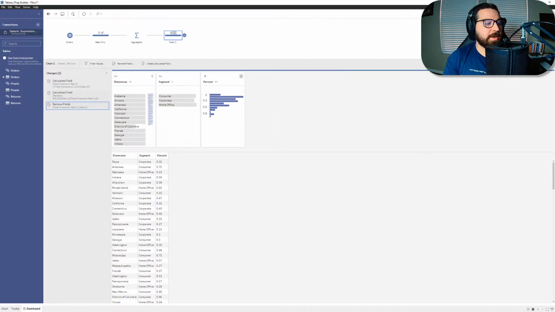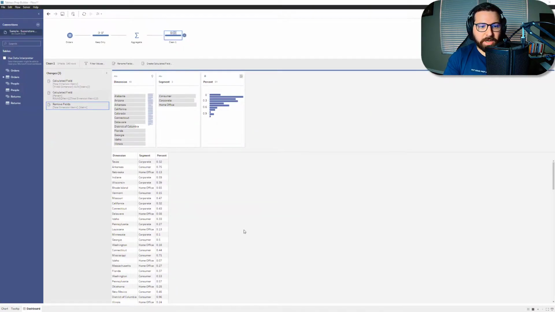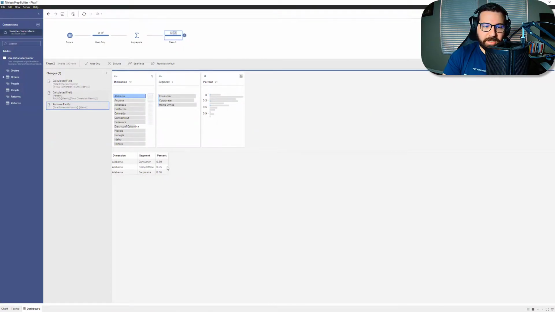So now this is starting to look like our original data set, to where we had the 3 columns. If I look at the original data set here, we've got 3 columns here. And so now I've got those 3 columns. And if I look at Alabama, these add up to 100%.